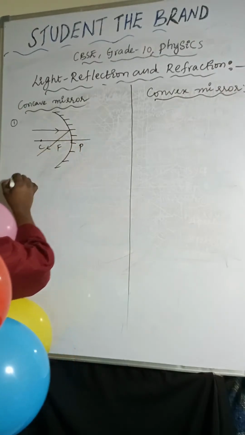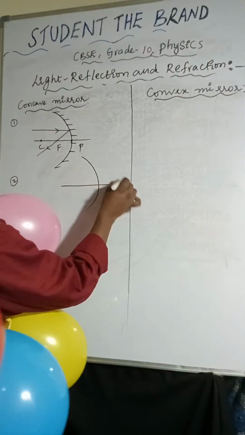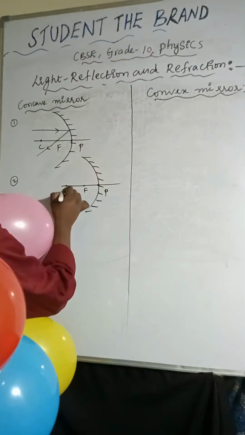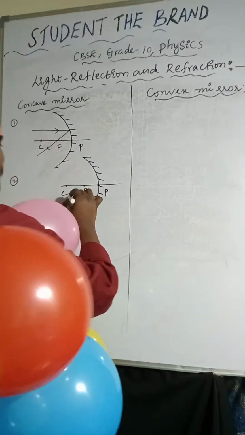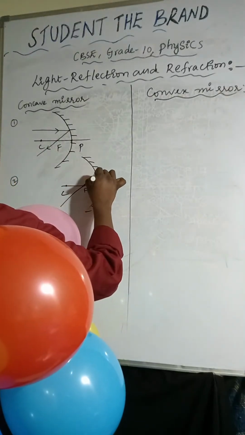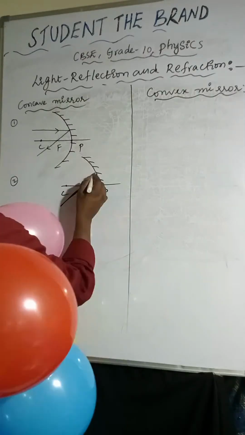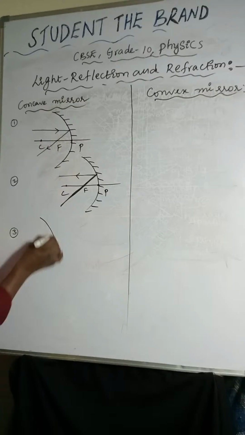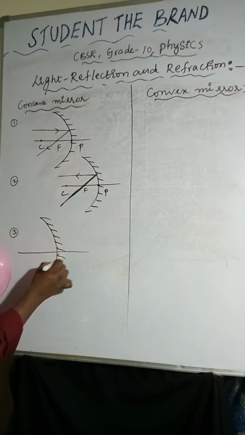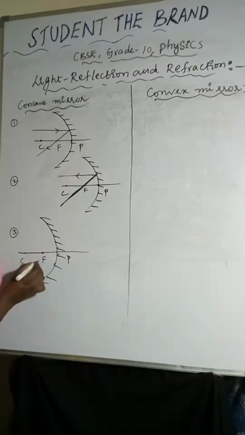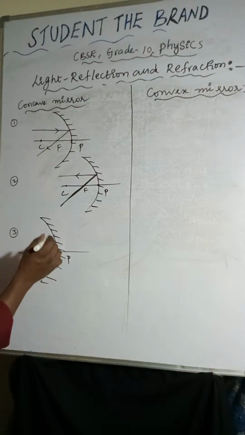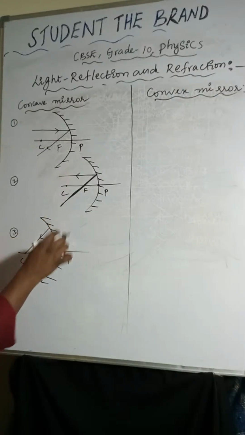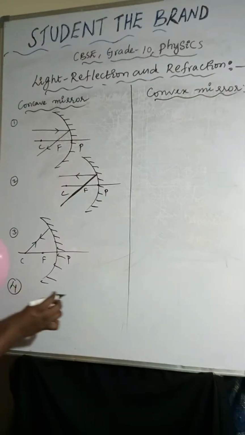Second: a light ray passing through the focus moves towards infinity after reflection. Third: a light ray passing through the center of curvature retraces its original path, moving along the same path.